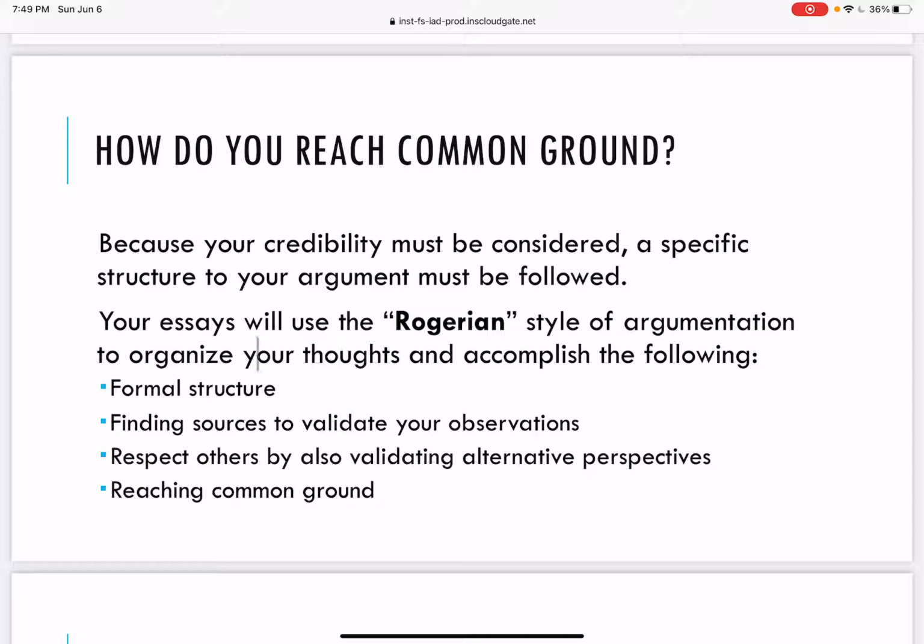So it helps you organize your thoughts a little bit, and it gives your argument a formal structure to follow. It helps you find sources to validate your argument. It allows you to respect others by validating that their perspectives are also worthy of discussion and consideration. And it helps you practice how to reach common ground with complex topics.